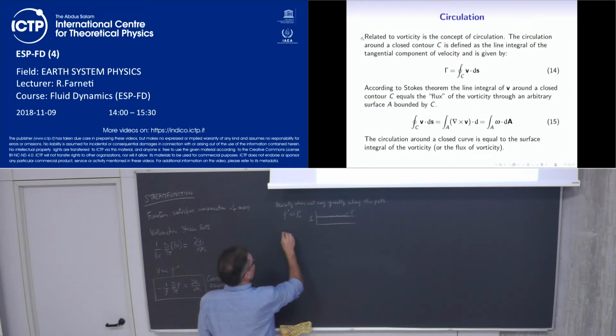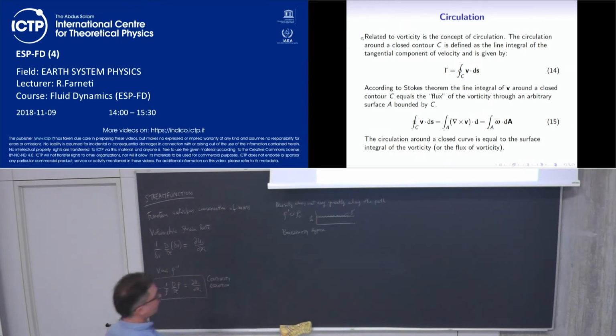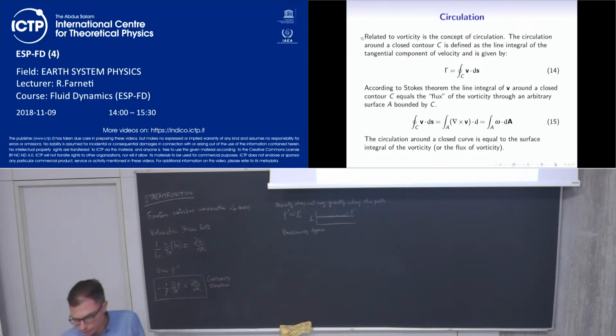And this is called the Boussinesq approximation. So we're going to make the Boussinesq approximation on the continuity equation. If we do, it means that any derivatives in density are going to be much smaller than any of the derivatives in the velocity field.